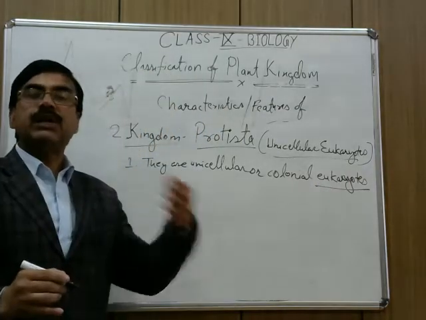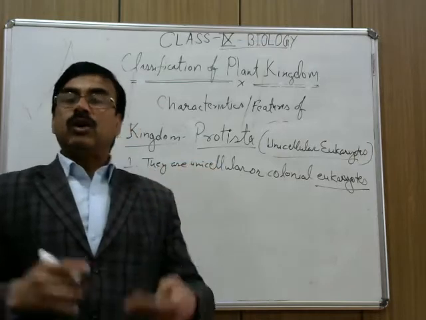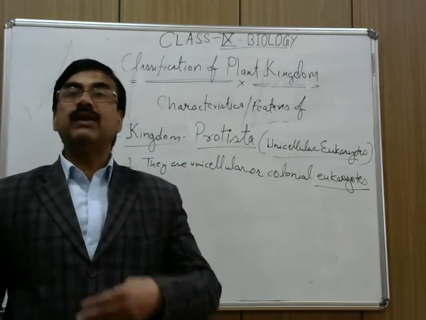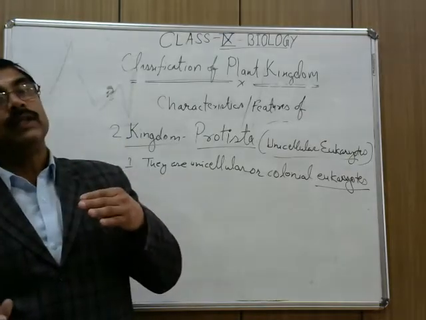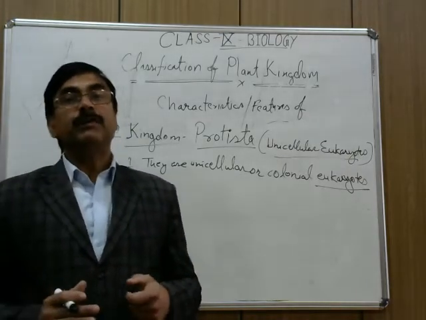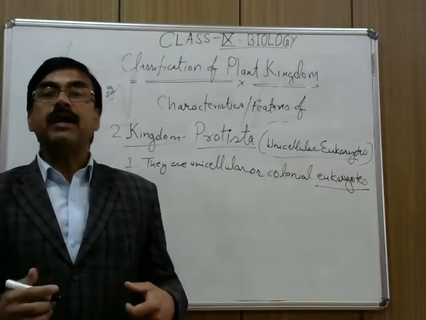Means they are developed. They are unicellular or colony. They live in colony. They live in groups. That is why they are unicellular or colonial eukaryotes.